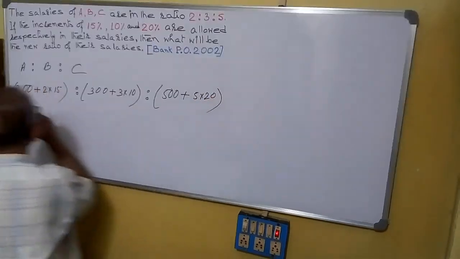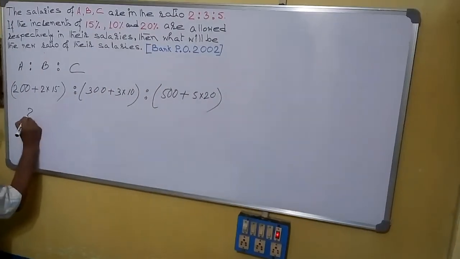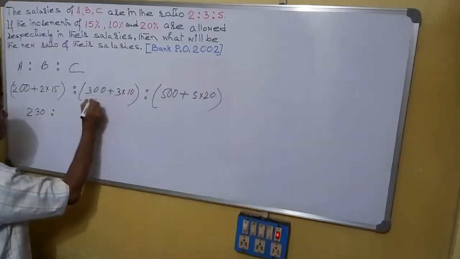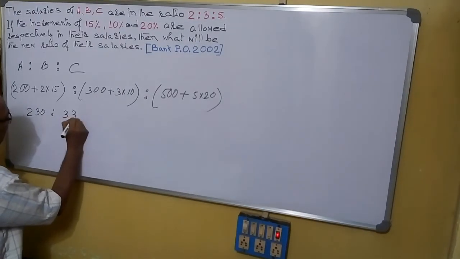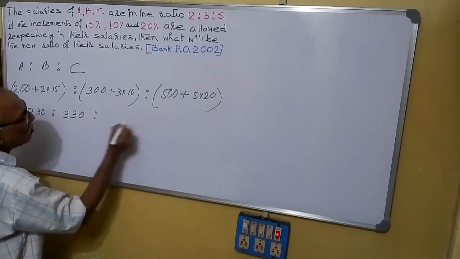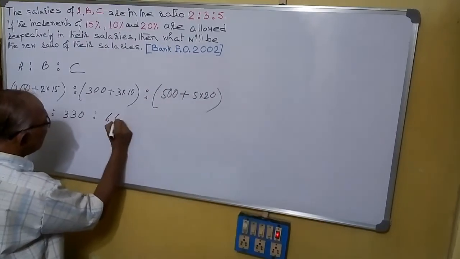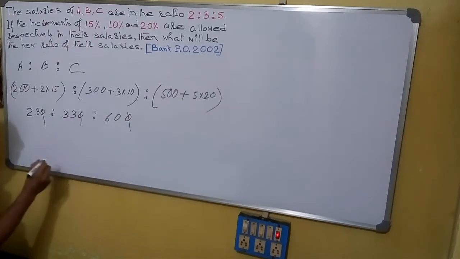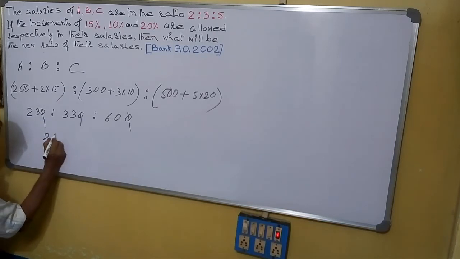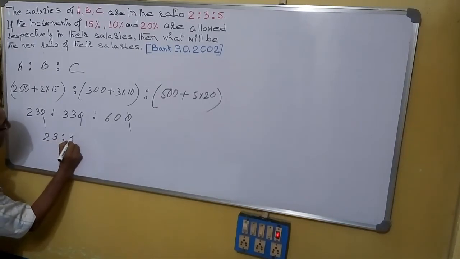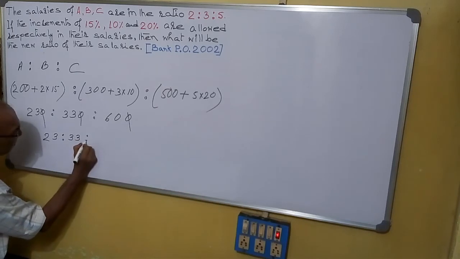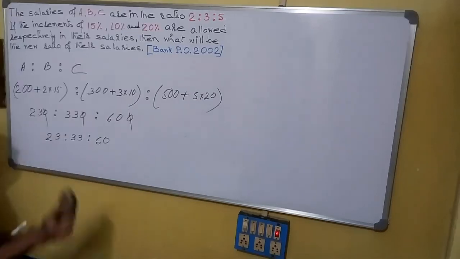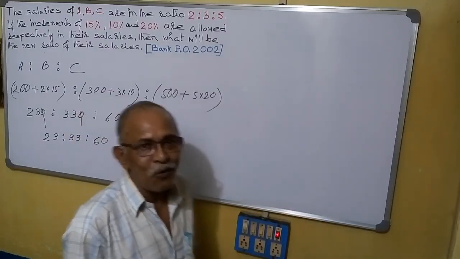It is easier to assume in this way. So it becomes 230 is to 330 is to 600. We are cutting zeros, so nothing else will cut. So the final ratio will be 23 is to 33 is to 60. In this way, we can do these sums. So I think I was able to explain.